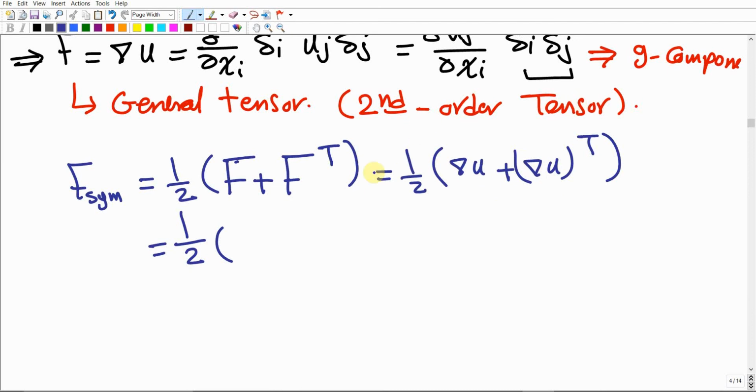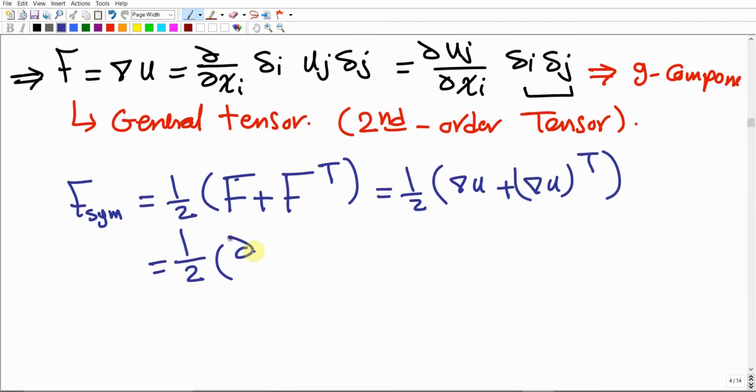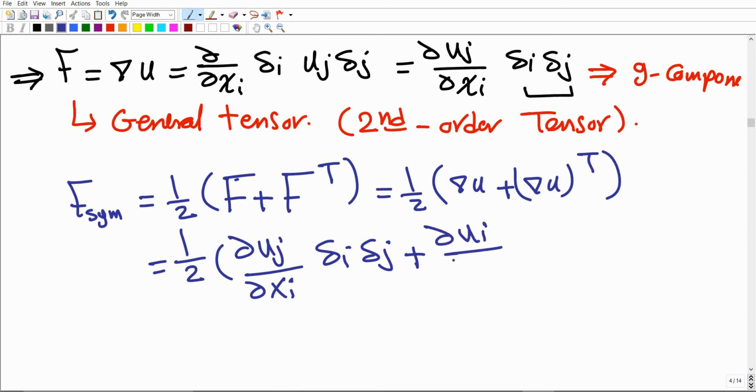So simply this is gonna give us the partial uj by partial xi delta I delta j, plus the transpose, which is partial ui by partial xj delta I delta j, right?